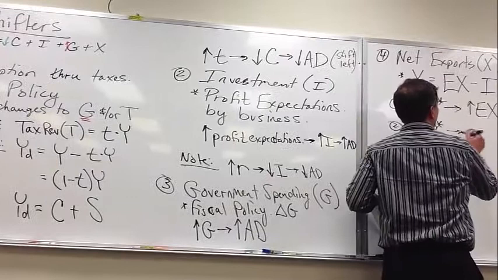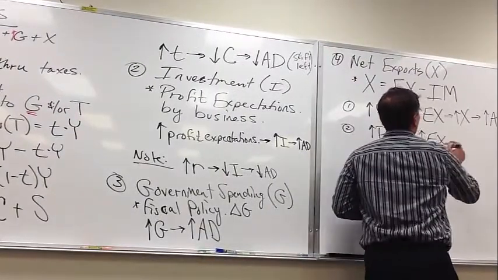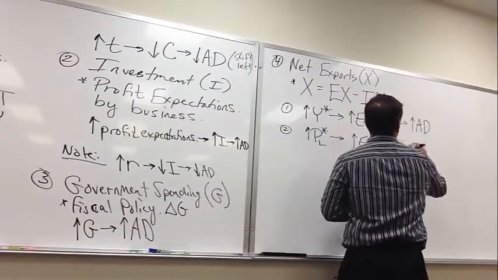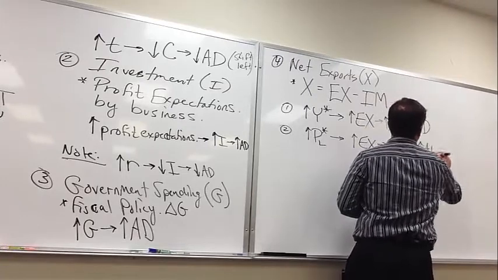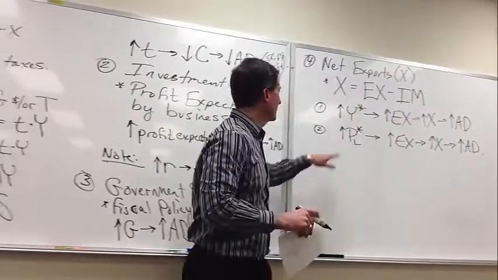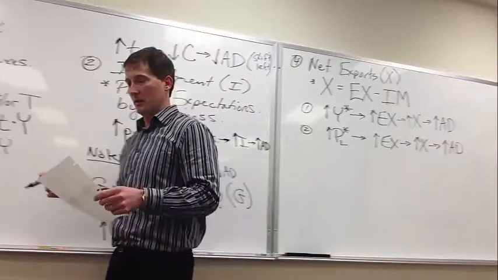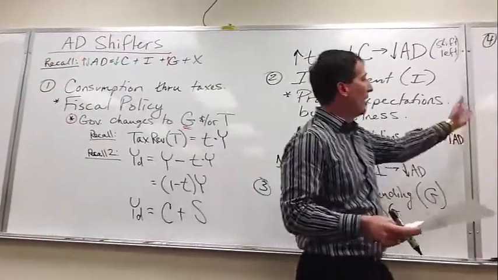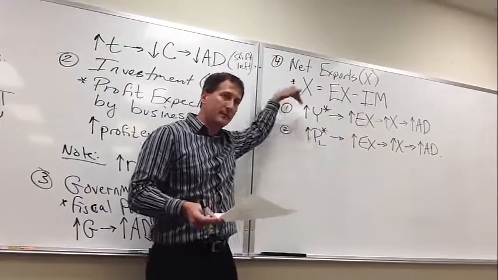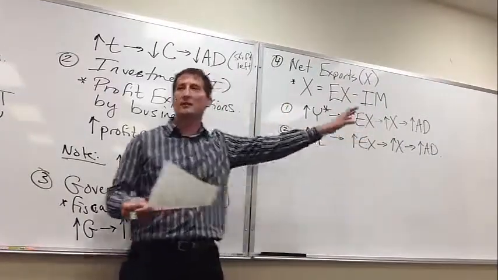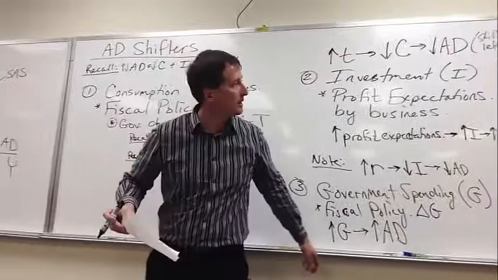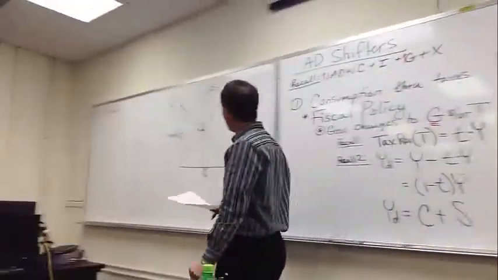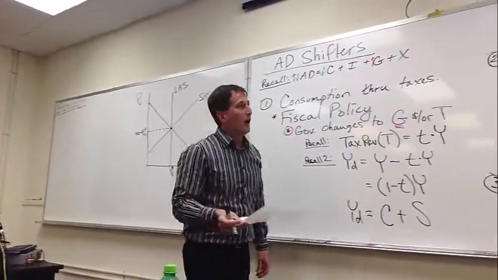So same chain of events here could cause aggregate demand to increase for the Americans if the foreign price level is going up. As I stated at the beginning, all of these arrows can be flipped the other way. A decrease in this leads to an increase in the other. Or in this case, they're both positively related. Okay.